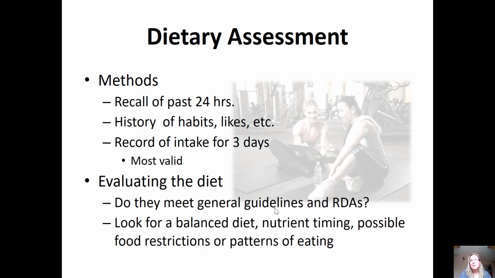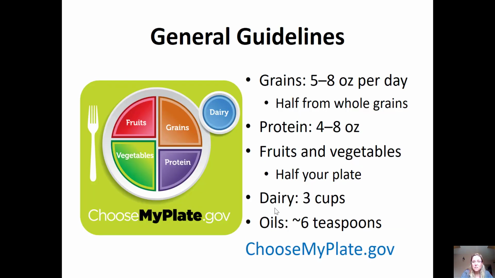We're looking at the timing of when they ingest key nutrients like carb, protein, and fat, and whether they time them appropriately with their workouts, for example. Are they restricting certain foods from their diet, and if so, is that causing them to lack key nutrients? And what is their eating pattern overall? These are all things we can talk to our client about, sharing basic information so they can make good changes.